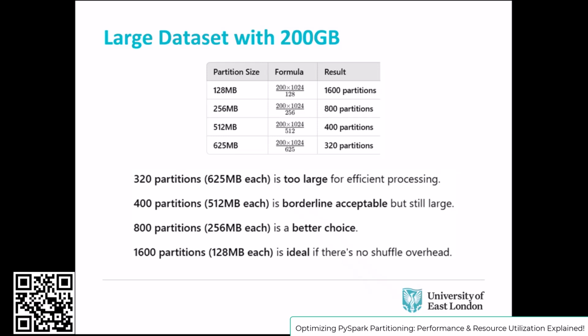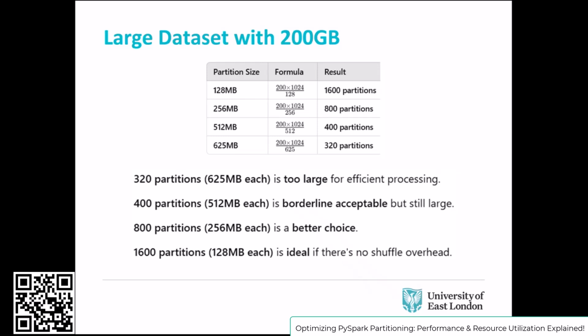If you say, all right, 256 megabyte, using the same formula, that's 800 partitions. If you go with 512, you see that's 400 partitions, guys. And 320 partitions, which we found based on the earlier calculation, means each partition gets more than 500 megabytes.